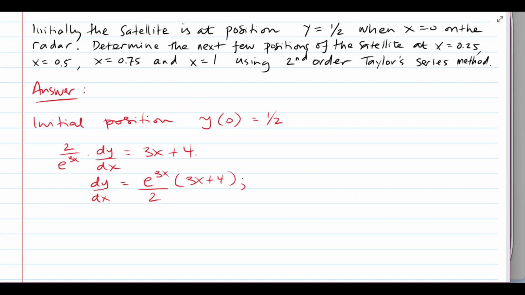And we are given our initial condition, our initial value position in this case. Therefore this is our y prime, by the way. y prime equals dy/dx, and our initial condition is x equals 0, the value of y equals half. So we can calculate the value of y prime at x equals 0: e to the power of 3 times 0 over 2 times (3 times 0 plus 4).